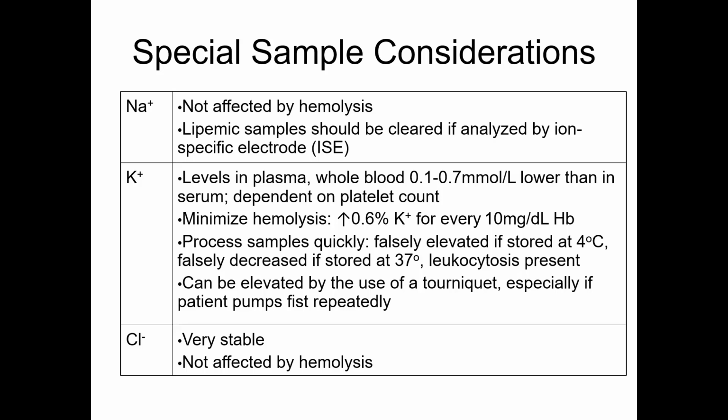You want to minimize hemolysis, as potassium increases 0.6% for every 10 milligrams per deciliter of hemoglobin. Process samples quickly, as potassium is falsely elevated if stored at 4 degrees Celsius, and falsely decreased if stored at 37 degrees because of leukocytosis present. It can be elevated by the use of a tourniquet, especially if the patient pumps the fist repeatedly.